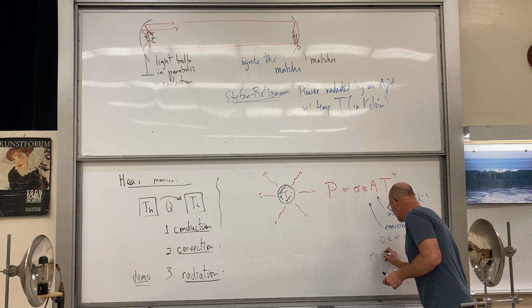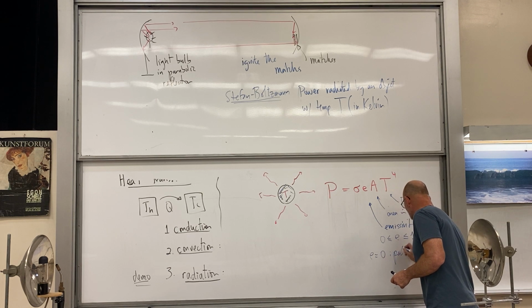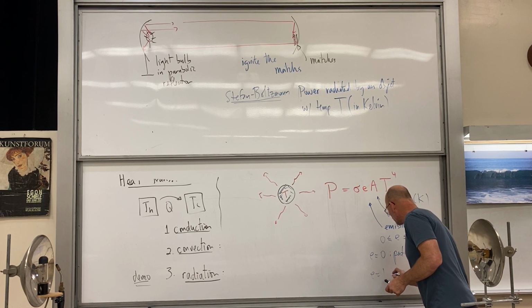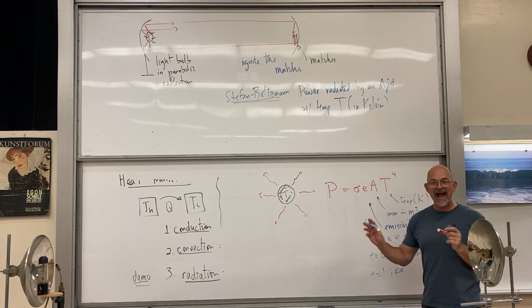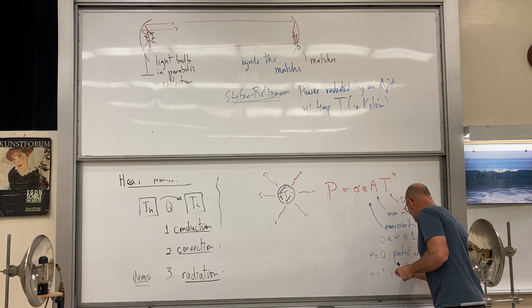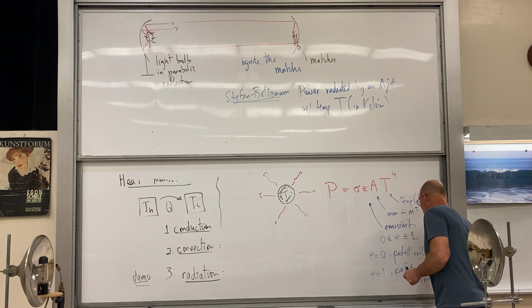E equals 0, perfect reflector, and E equals 1, perfect emitter and a perfect absorber. We could say it's a so-called black body. Perfect absorber and emitter. Okay.